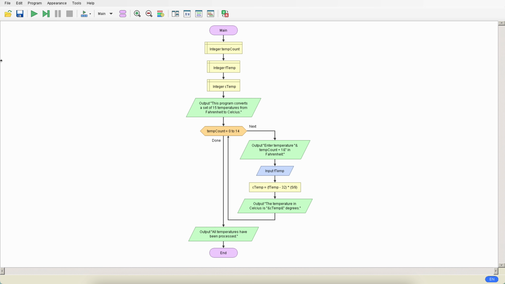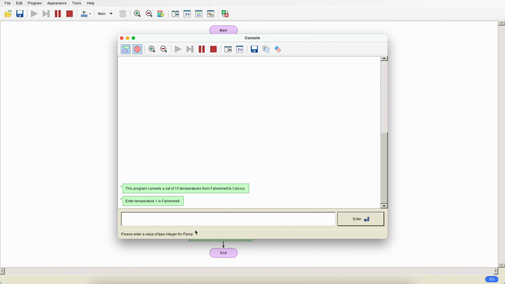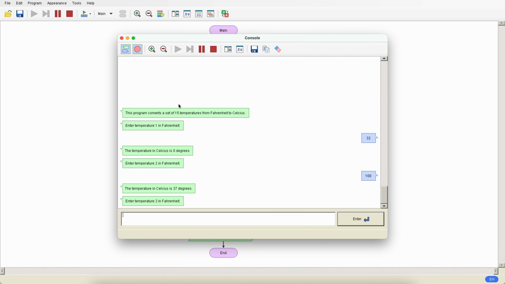Okay, so if I change that and run it again, let's see how that works out. 32, 100. All right, so now I can see that when I put in 32, the answer is 0 degrees. When I put in 100, the result is 37 degrees. So now we are getting the expected results from this program.